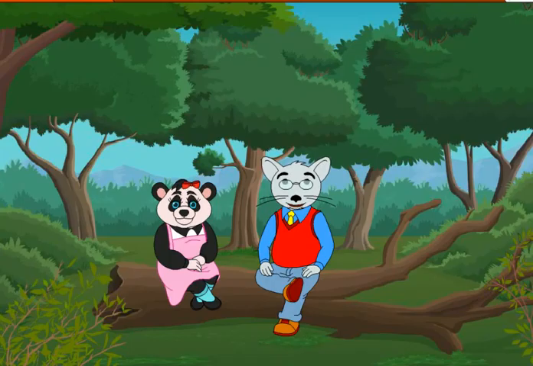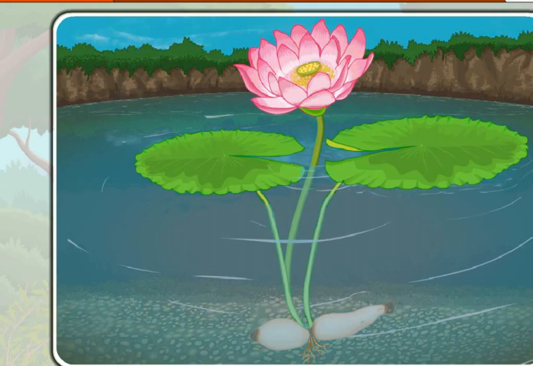Students, we have discussed about the floating plants. Now let us discuss about another type of plant. Now look at this lotus plant. Can you tell me where the root is?